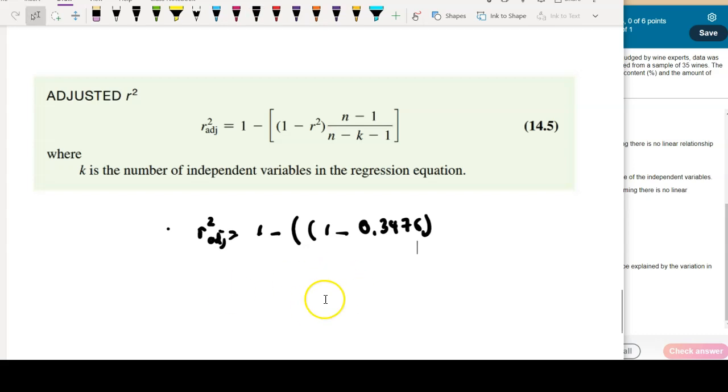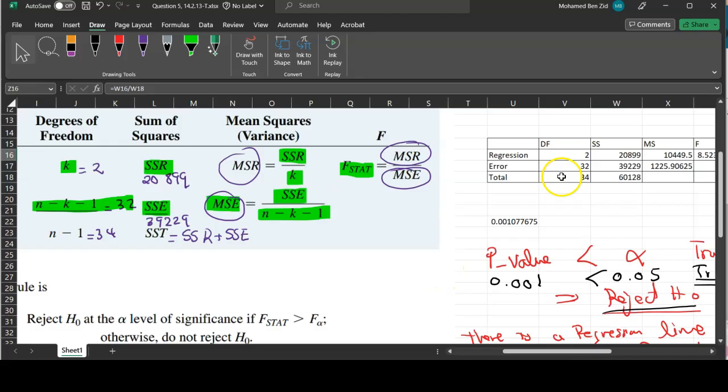The n minus 1, we can get it from the Excel spreadsheet. Here n minus 1 is 34, and this is n minus k minus 1, which is 32. So it's going to be 34 over 32.